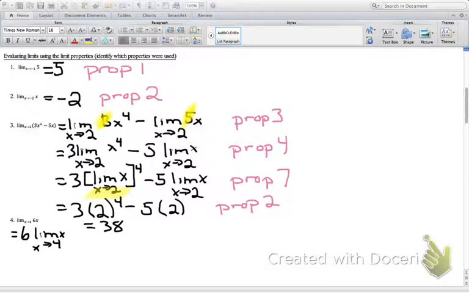That is done by property 4 as we discussed, which is just equal to 6 times 4, which comes from property 2. And we get an answer of 24. So let's move on.